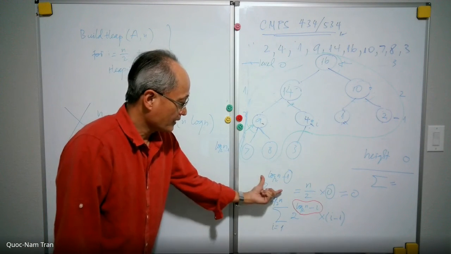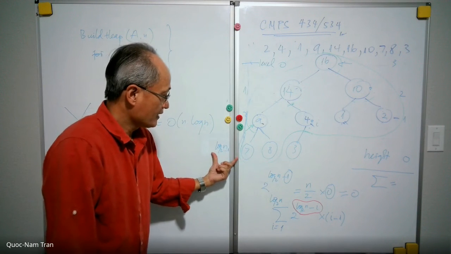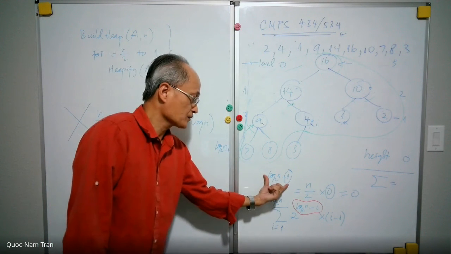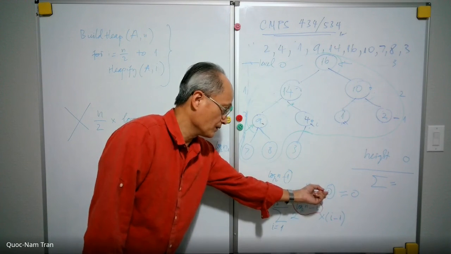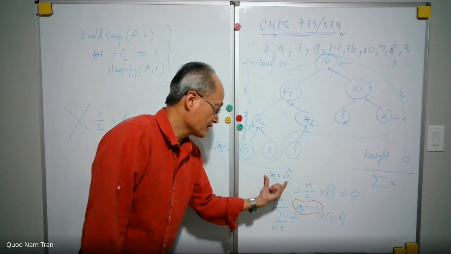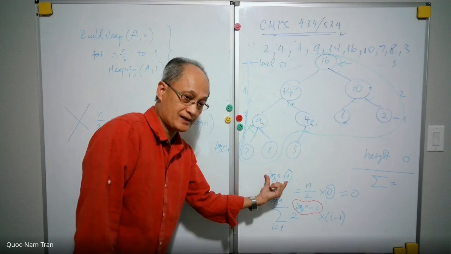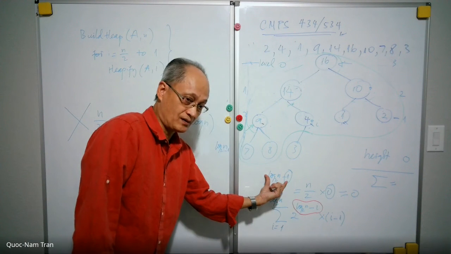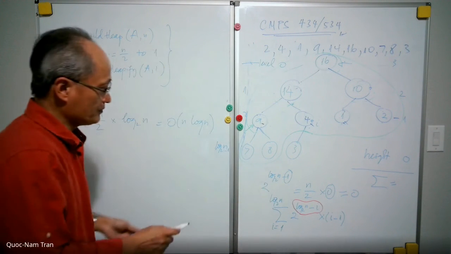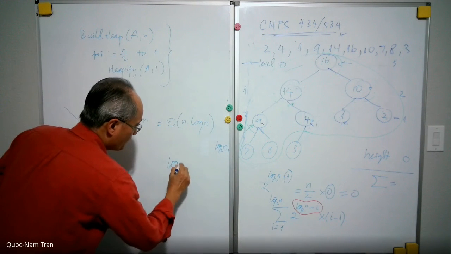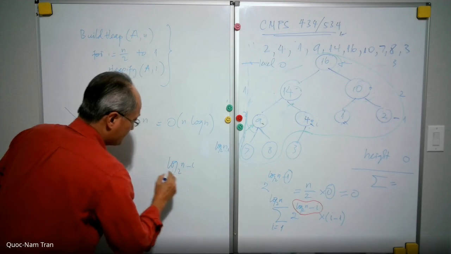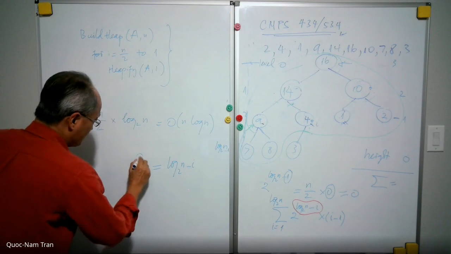At the last one, if the level is log 2 of n minus 1, then the height is 0. So we can replace this one by the height 0. Or in other words, if it is log 2 of n minus i, what is the height?